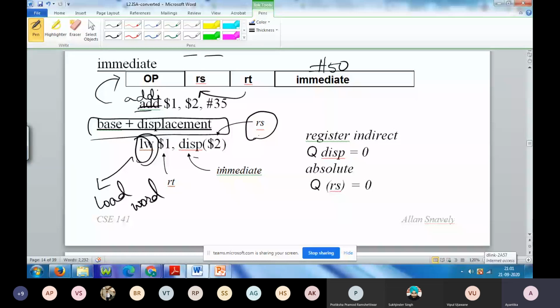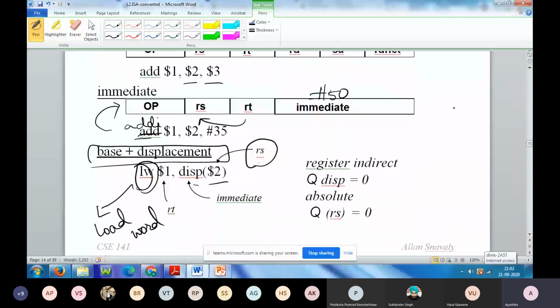We are considering from this register RS, maybe register 2, from there we are considering some displacement. And with that displacement, whatever address you are getting, in this location, you are actually storing your data.